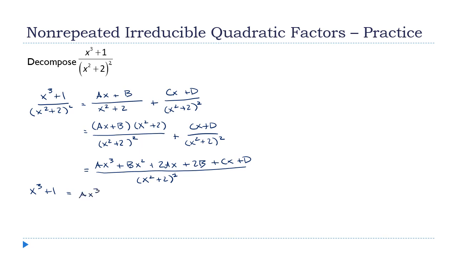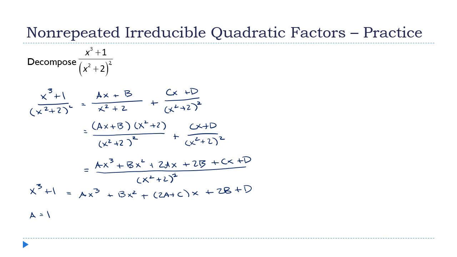Ax cubed plus bx squared plus, let's put these x terms together, 2a plus c times x plus 2b plus d. And look, this is going to come out unusually nice. The coefficients of the x cubed terms are a and 1. There you go. We got one of them already.